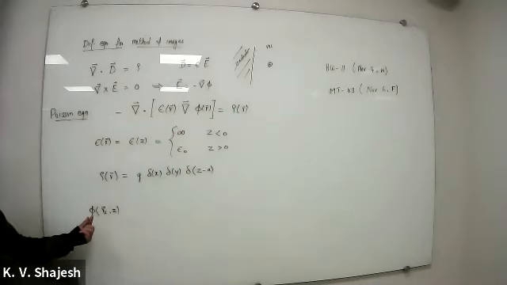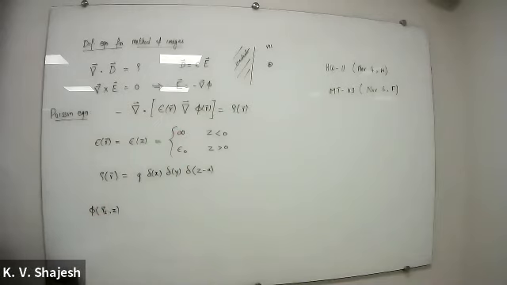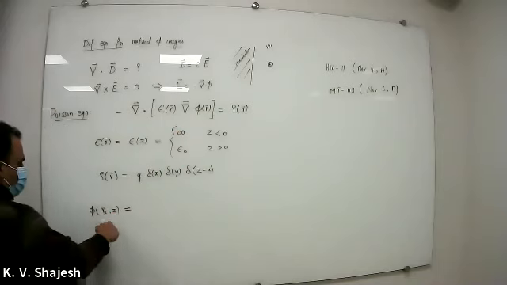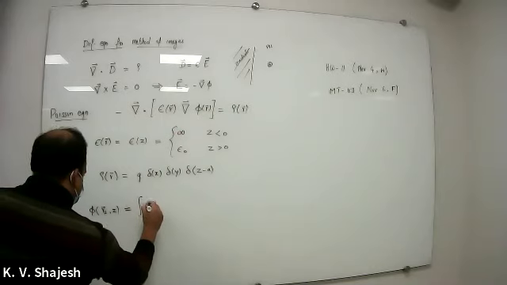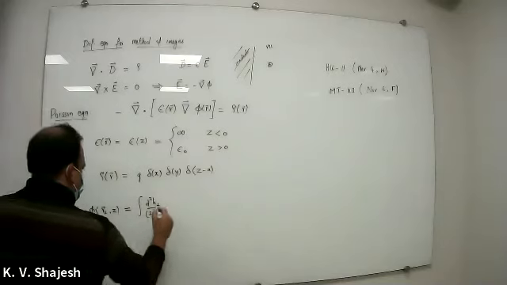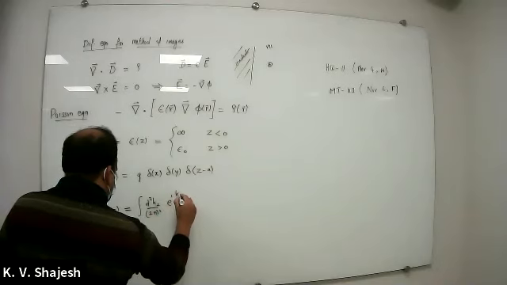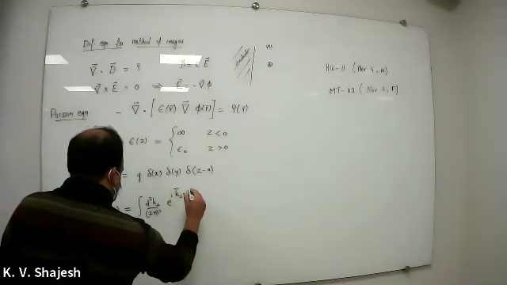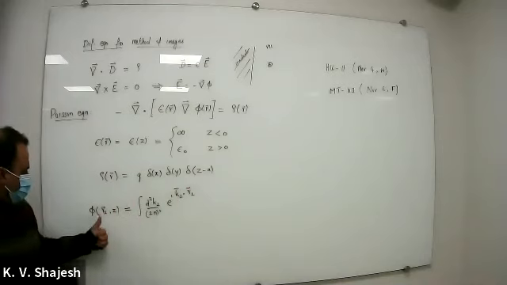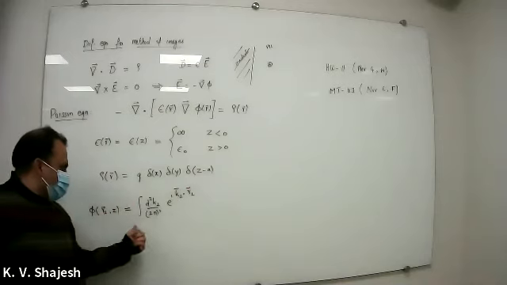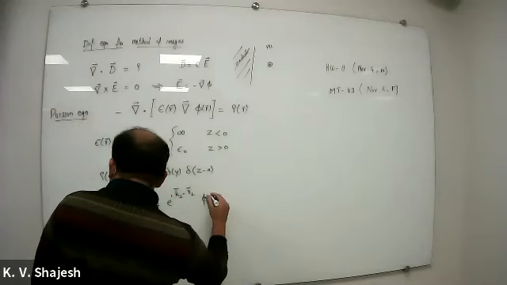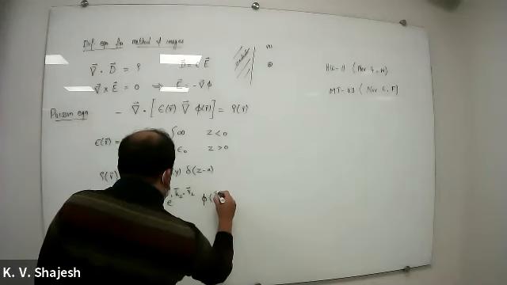Instead of looking for the whole electric potential, we look for the Fourier modes associated with this potential, e raised to i k_perp dot r_perp, with the coefficient being phi of k_perp and z.